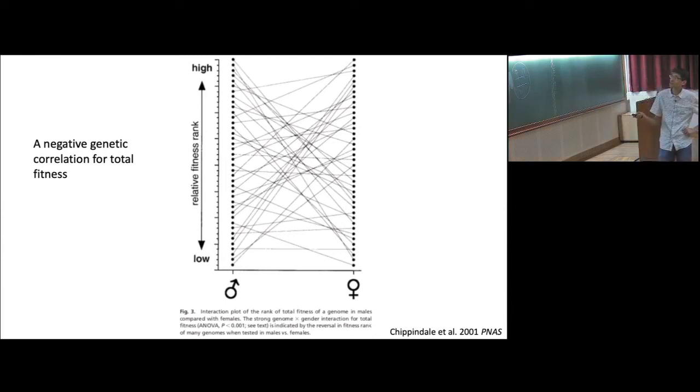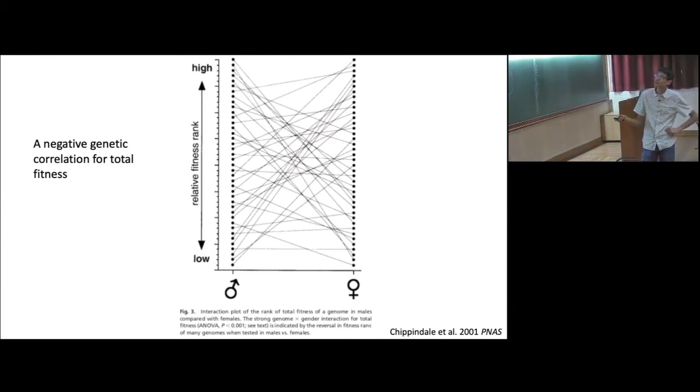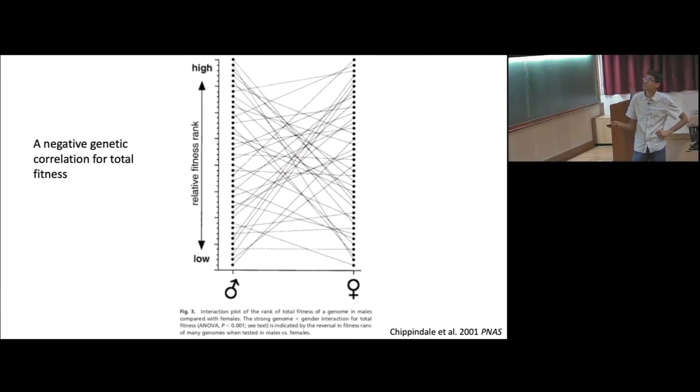And here's the fitness rank of how they affected male fitness and female fitness. If these were positively correlated, you would expect all these essentially parallel lines. What's quite obvious here is there are a lot of lines that have low fitness in one sex, but those correspond to a high fitness in the other, and vice versa.